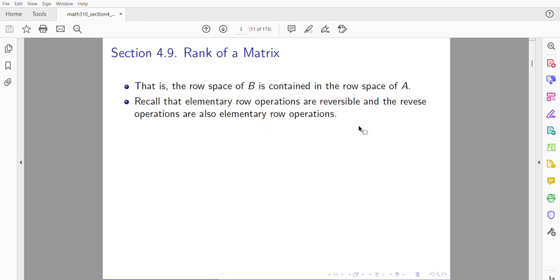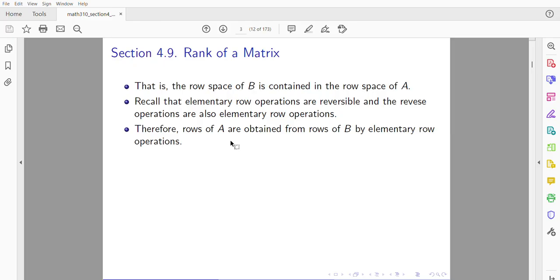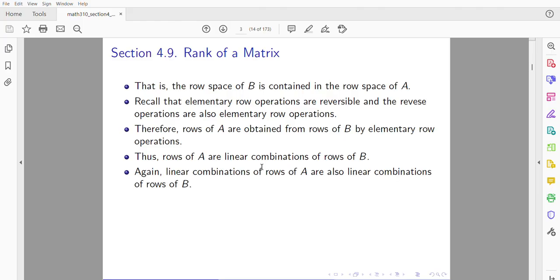In other words, rows of A can be obtained from rows of B using these reverse elementary row operations. Therefore, rows of A are linear combinations of rows of B. Again, linear combinations of rows of A are therefore linear combinations of rows of B. Thus, the row space of A is contained in the row space of B.